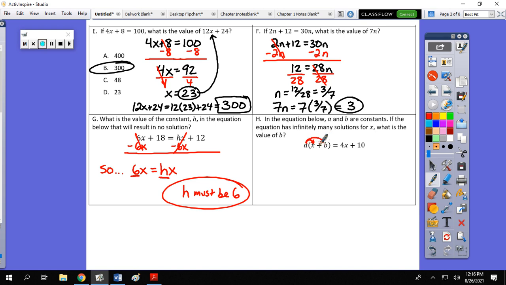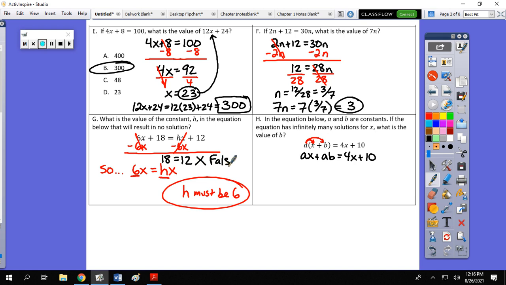Okay, we would start by distributing and we'd be looking at ax plus ab equals 4x plus 10. And it says, in the equation below, a and b are constants. If the equation has infinitely many solutions for x, what is the value of b? Remember that the reason that this equation over here had no solution is because when the x's dropped out, we had 18 equals 12.